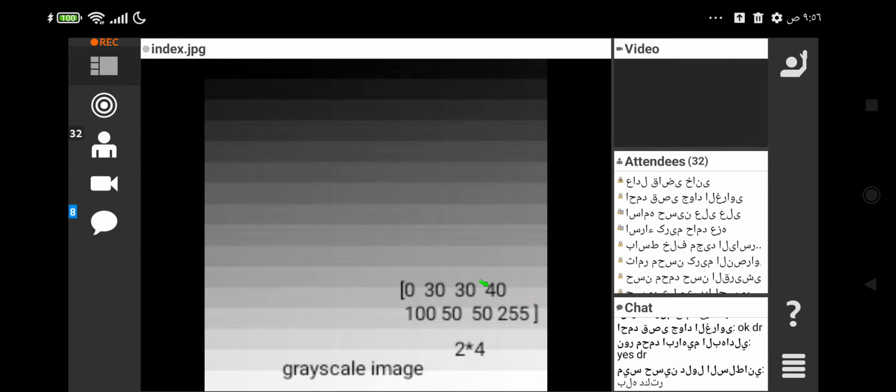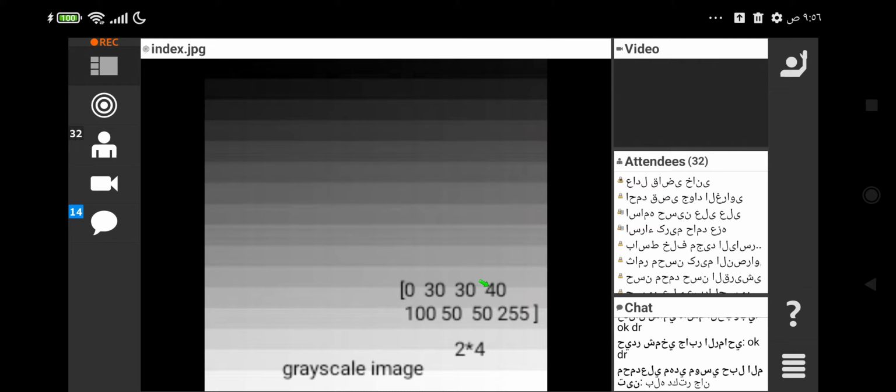As I said, if in your mobile camera the resolution is, for example, 10 megapixel, 10 megapixel means 10 million pixels.